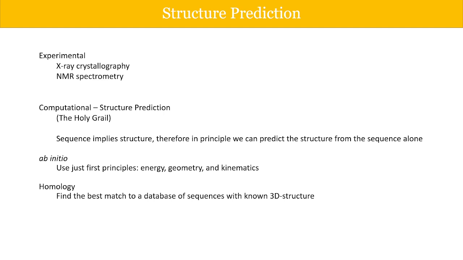Then you have the ab initio method, which uses just first principles like energy, geometry and kinematics to tell you about the structure of a protein, and then the homology method, in which you find the best match to a database of sequences with known 3D structures.